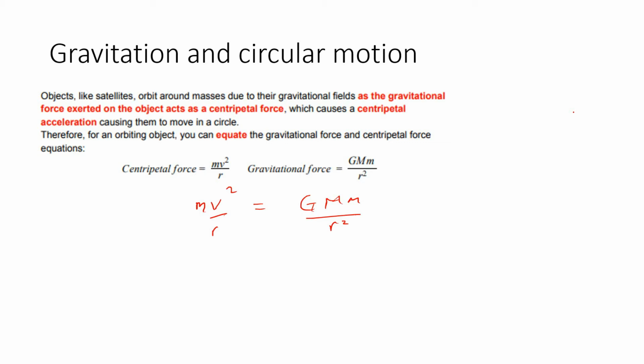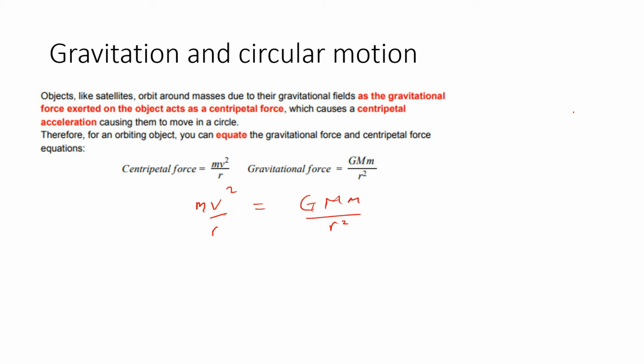Let me read what this is saying. It says, objects like satellites orbit around mass due to their gravitational field, as the gravitational force exerted on the object acts as the centripetal force, which causes a centripetal acceleration, causing them to move in a circle.